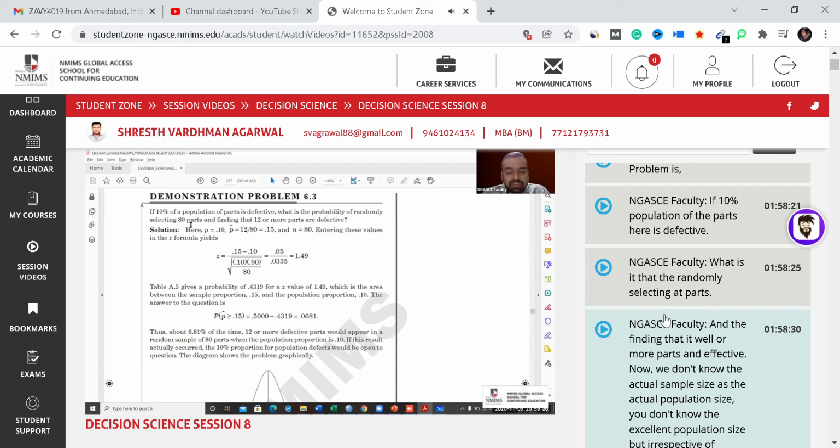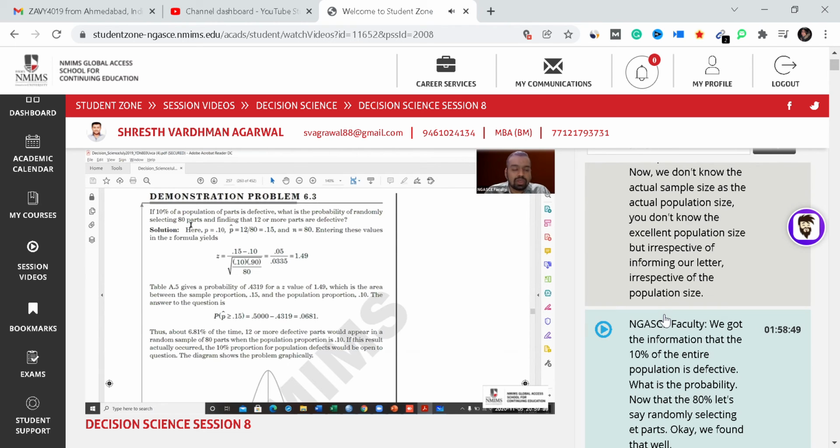We don't know the actual population size. But irrespective of the population size, we got the information that 10% of the entire population is defective.